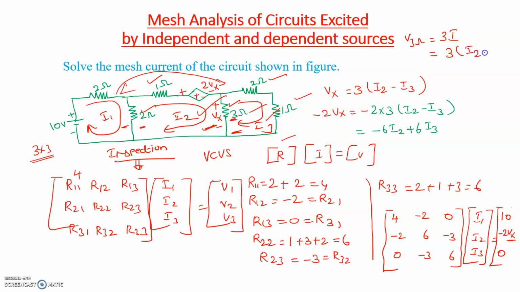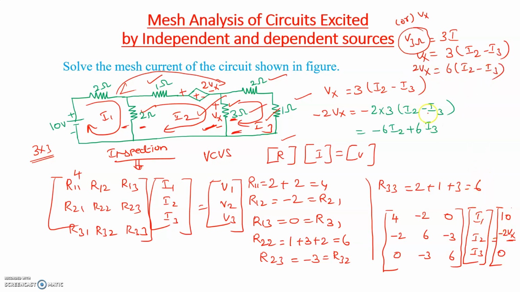So 3 into I2 minus I3 is the voltage across the 3 ohm resistor, which is Vx. So Vx is equal to 3 times (I2 minus I3). The value of 2Vx is 6 times (I2 minus I3).